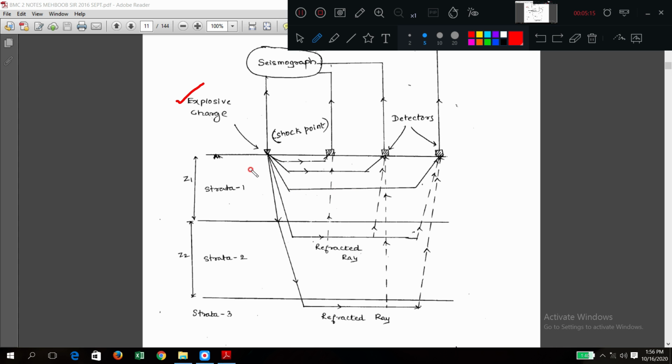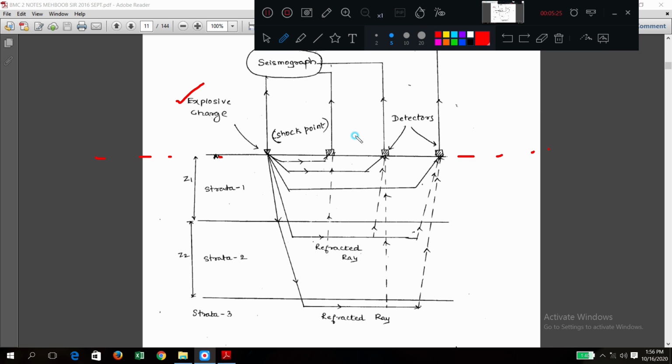Now this is the ground level, a continuous ground level. Here some receiving pieces are kept, 1, 2, 3. These are called detectors. Now these detectors will receive shock waves generated from this point.